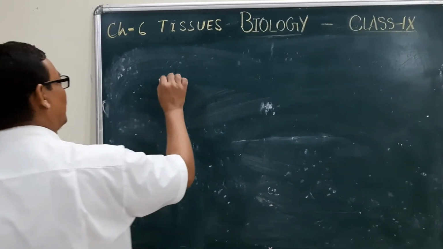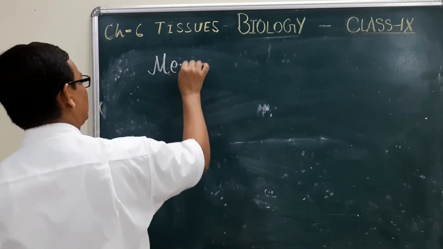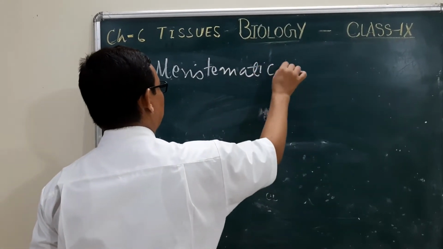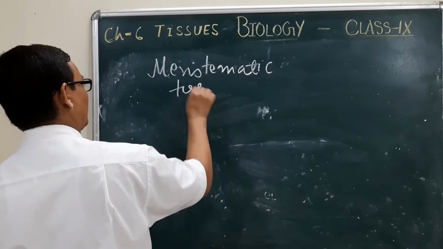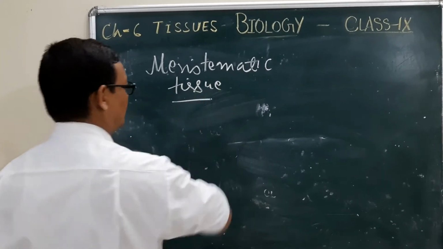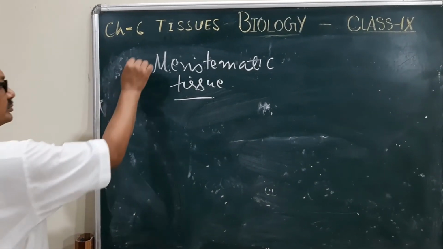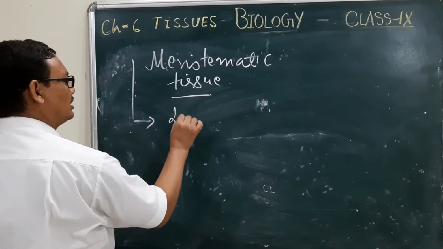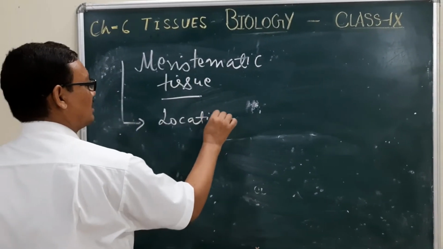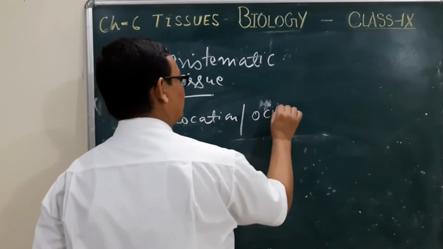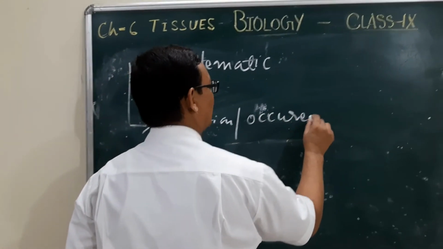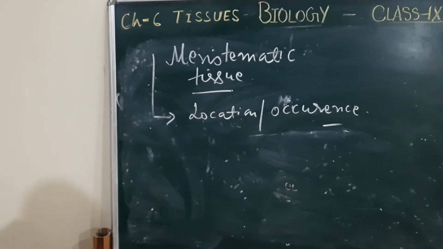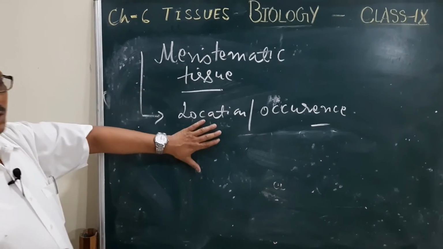When we talk about the meristematic tissue, the first point is the location, occurrence, or maybe definition also.